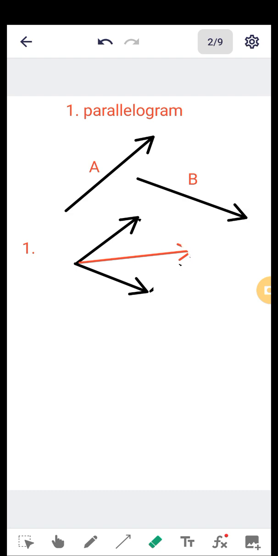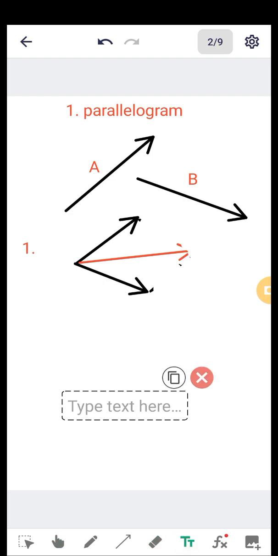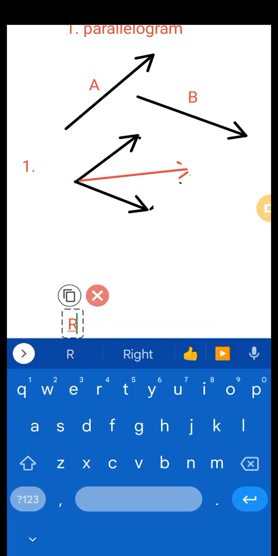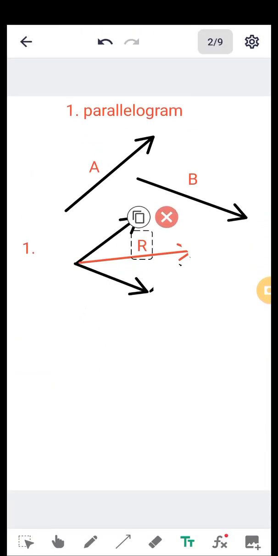That's when you conclude that the resultant is coming from here. We can even name that one as the resultant.